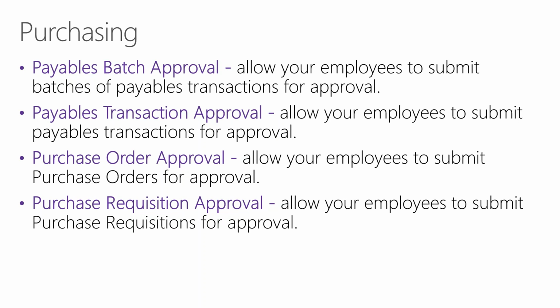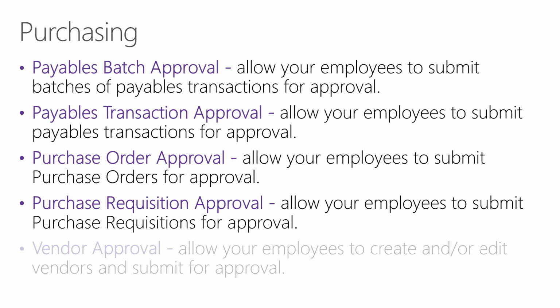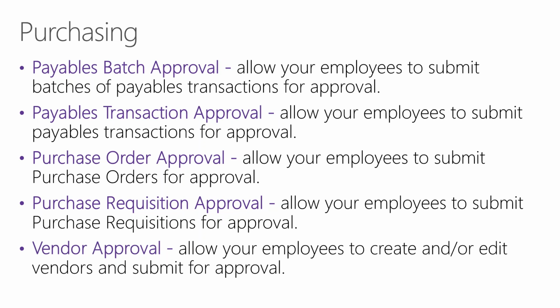So it can save a good deal of steps on your purchasing department to be able to have requisitions in GP, and there are user licenses that are available to do that with that make it an inexpensive option for you to be able to add that to your current licensing. Those requisitions can go through that approval process if you choose. And then lastly on the purchasing is vendor approvals.